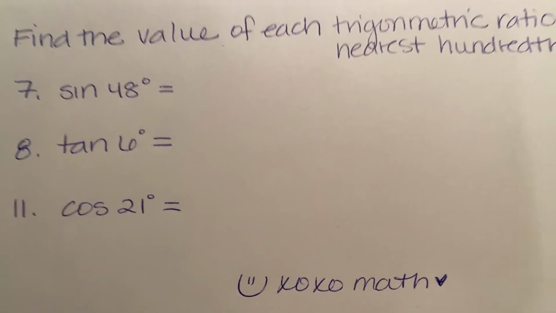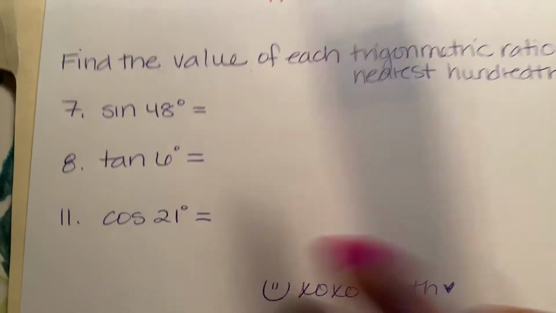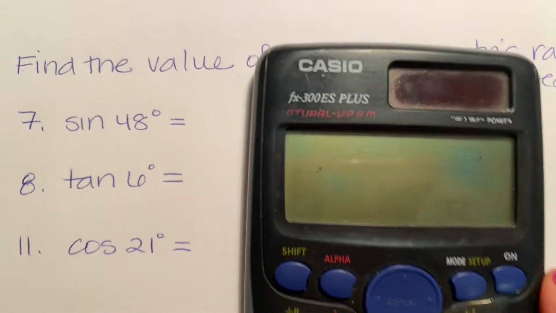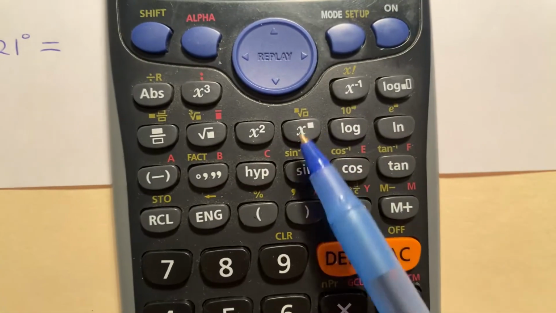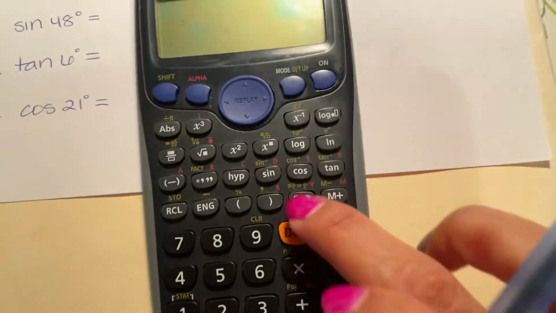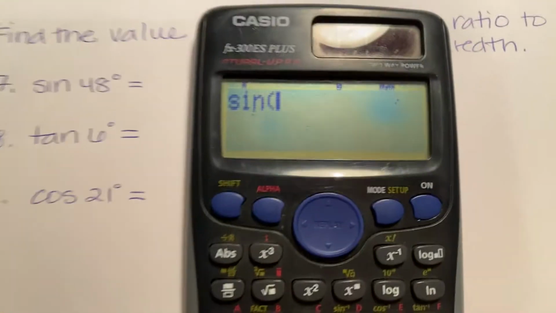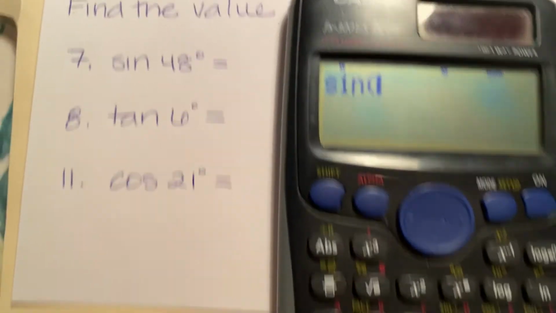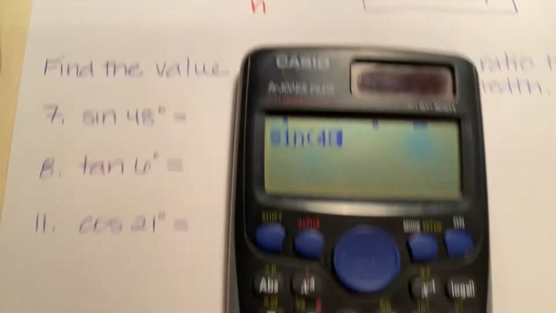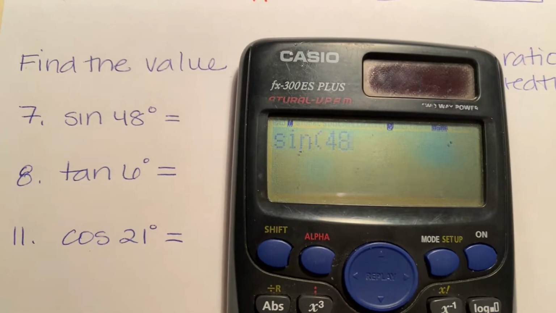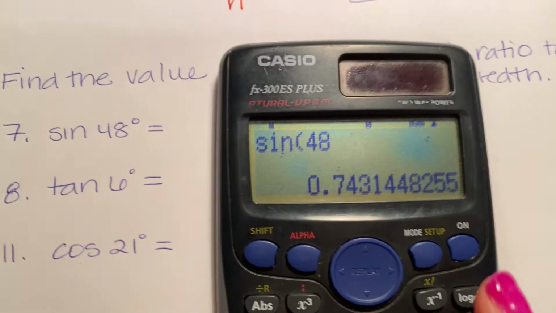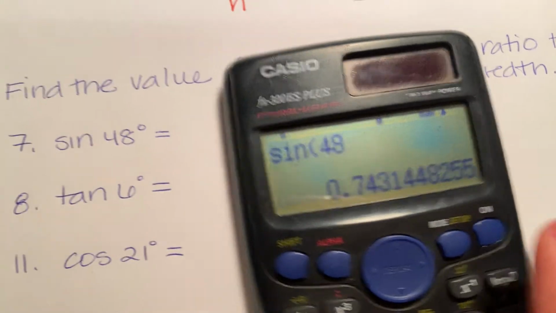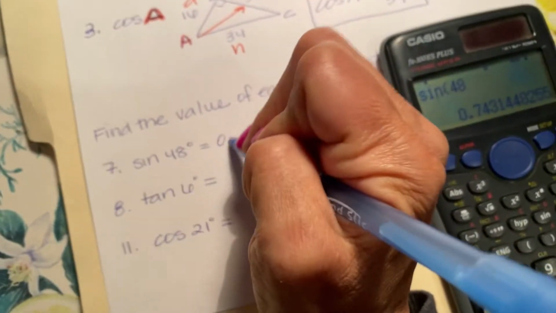You want sine of 48. What you see is what you type. So sine of 48. So here's sine. I'm going to go ahead and type it. Oh, turn it on. Sorry. There's sine 48. Hit equal. And I get 0.743, so 74 hundredths.